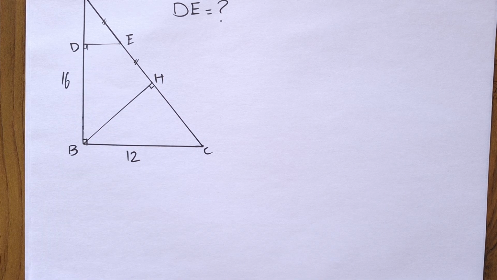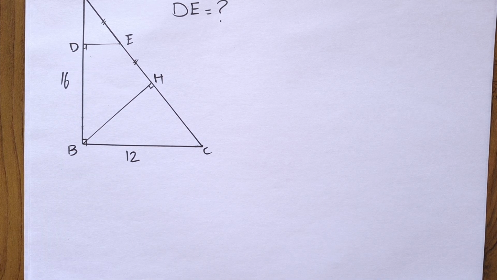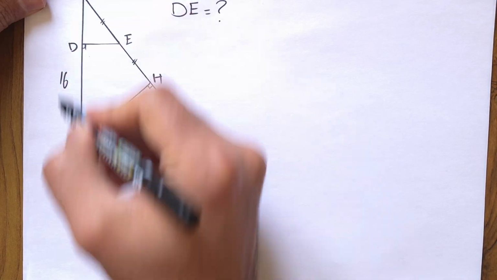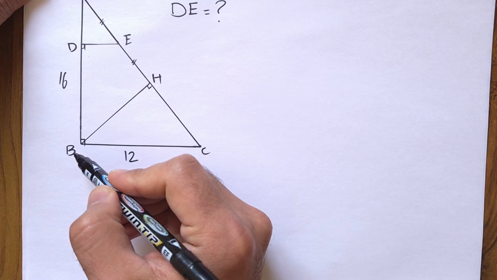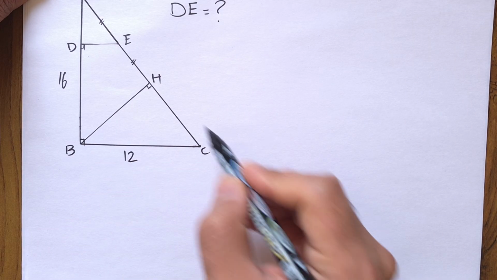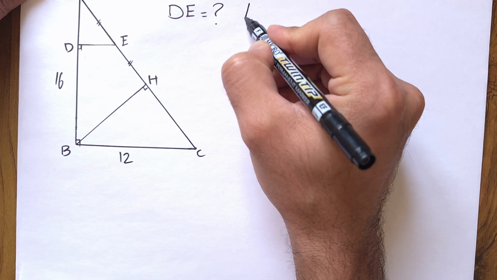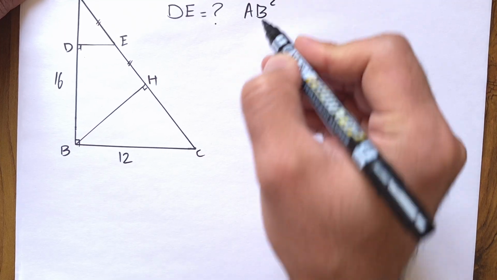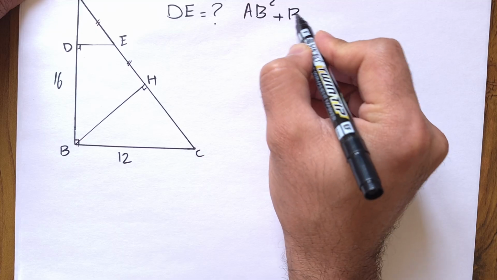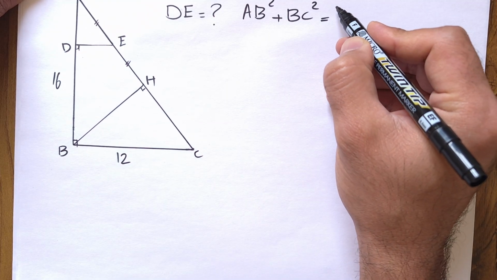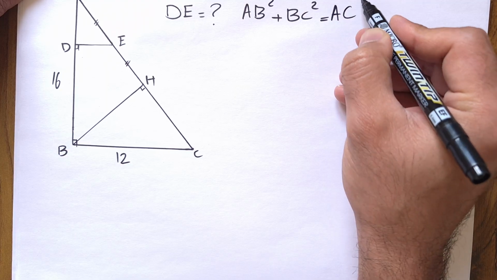So the first thing that comes to mind is writing the Pythagoras theorem, right? This is a right triangle, so we can say AB squared plus BC squared equals AC squared. So let me just write it down here. AB squared plus BC squared equals AC, or hypotenuse, squared.